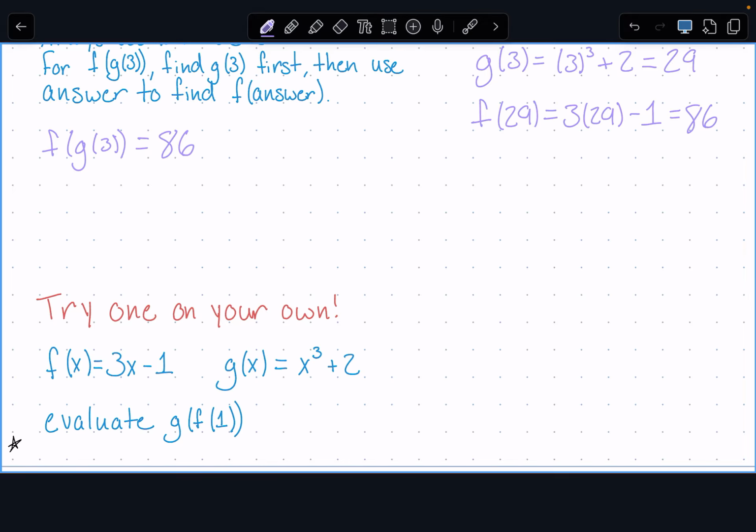So what is the first step going to be? What are you going to evaluate first? The 1. Which function are you going to put it into? The f, yes, because the f is inside. This says f of 1 right here, so we need to find f of 1 first.